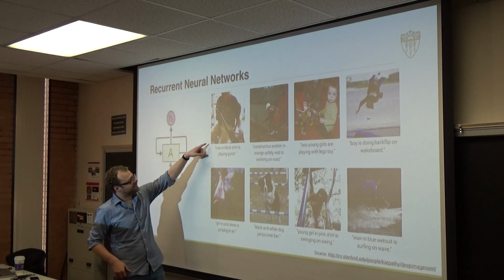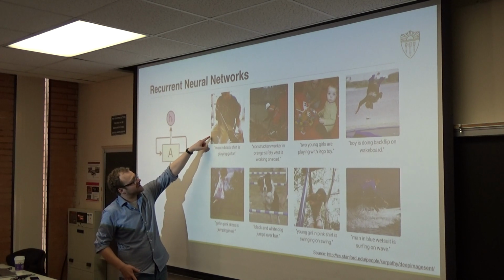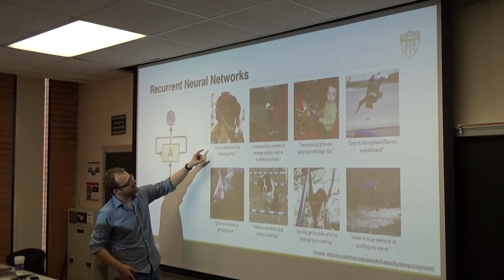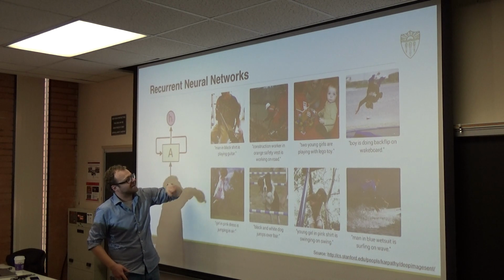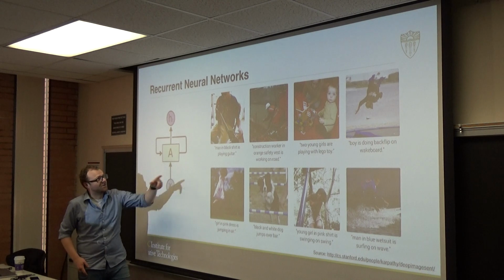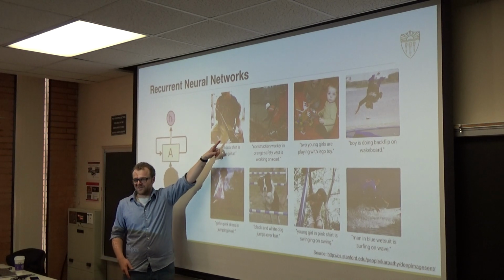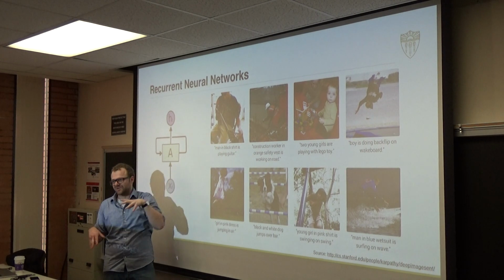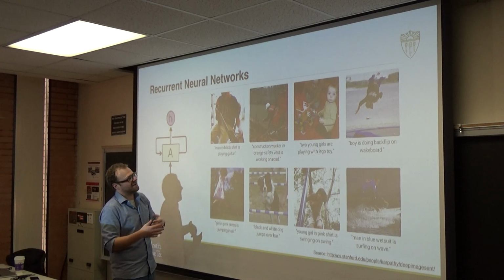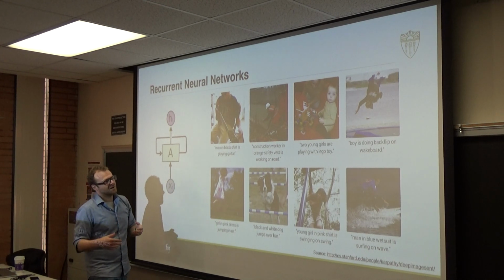For example, the caption for this image that was generated by one of these networks is "Man in black shirt is playing guitar." It's pretty good, even though he's not playing guitar, right? You can see that he's tuning the guitar.